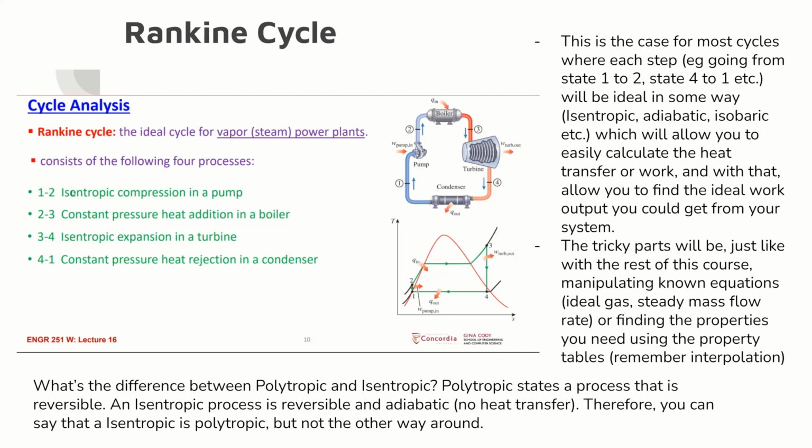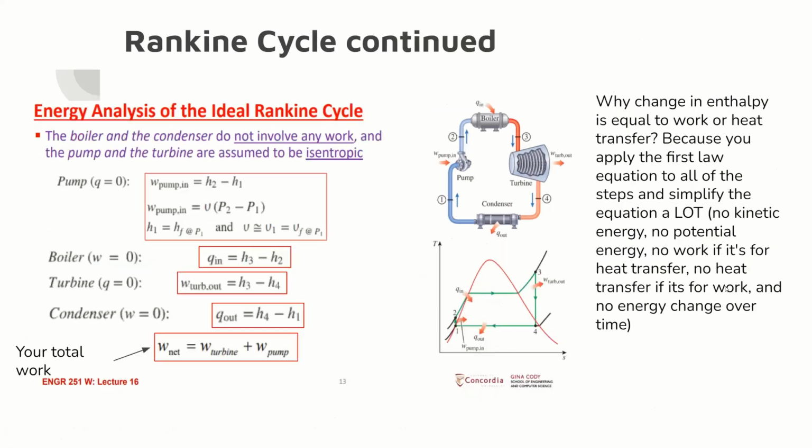Hence why we just say isentropic here to make it simpler. So for state 1 to state 2, not only is it reversible, but there's no heat transfer going in. Same thing for state 3 and state 4, the process between the two. So you can say that a process that is isentropic is polytropic, but not the other way around.